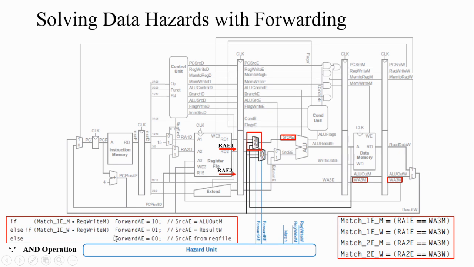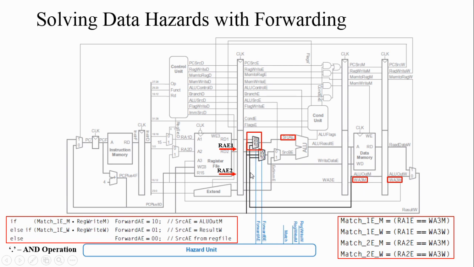So how are these forward signals generated? If match 1EM and RegWriteM, this register write is an enable for the register. So similarly, RegWriteM is an enable. If RegWriteM and this are both set, this dot shows the AND operation, then ForwardAE will be 10. 10 means it is taking the third input.